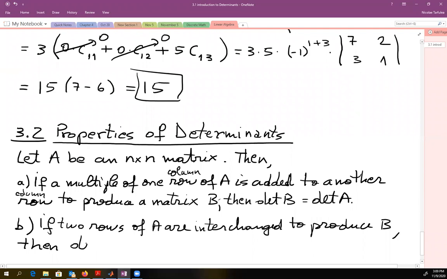So the determinant of B is negative the determinant of A.